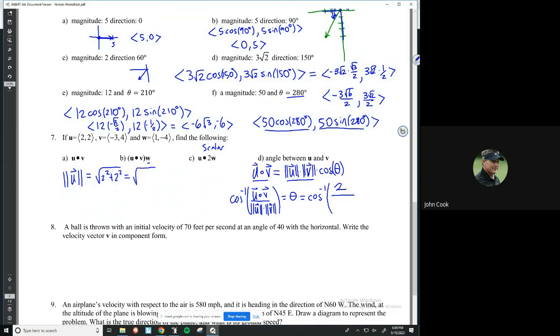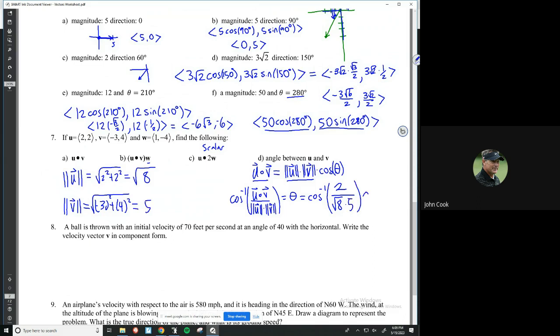So that's 4 plus 4 is 8. So square root of 8 times the magnitude of V. Let's see what the magnitude of V is. So it's negative 3 squared plus 4 squared, square root. That should just be 5. 3, 4, 5 triangle. So 5.